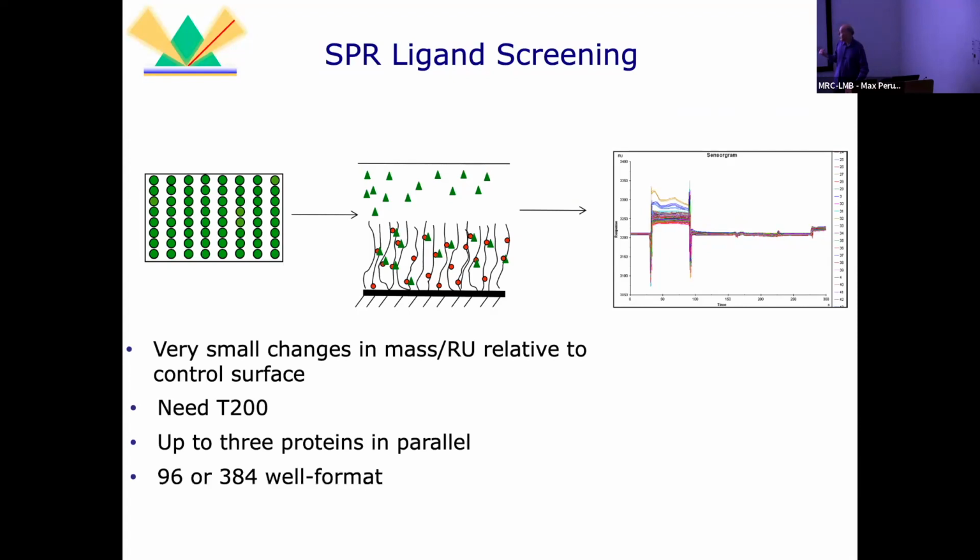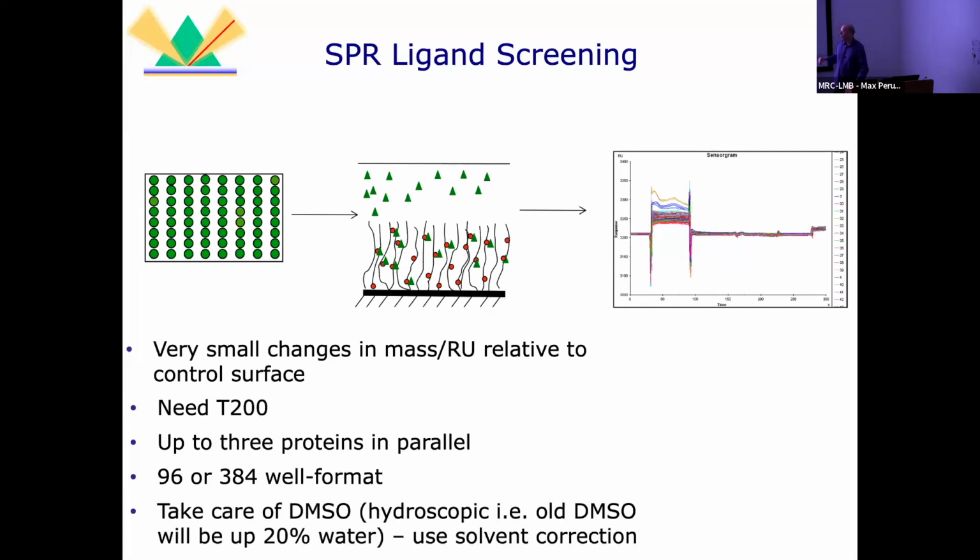You can do three proteins in parallel, and you can also screen in 96 or 384-well plates. One big problem is that lots of these compounds are in DMSO, and they're stored in a fridge or on a shelf or whatever.